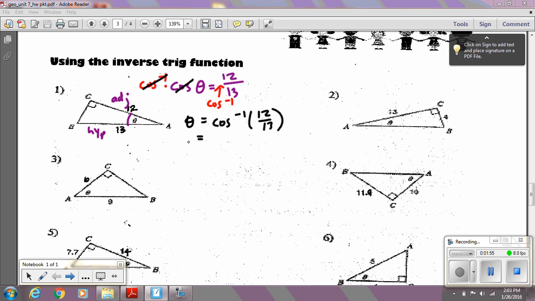So now when you grab your calculator, you would type in cosine inverse by hitting second first, and then your fraction. And if done correctly, you would receive 22.6 degrees for theta.